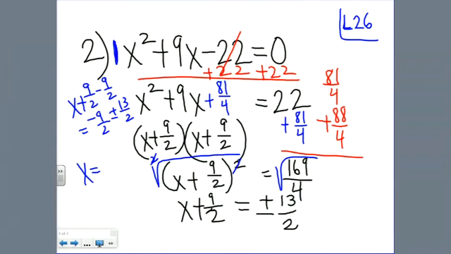Now, because you have the same common denominator, we can write this answer as one big fraction.